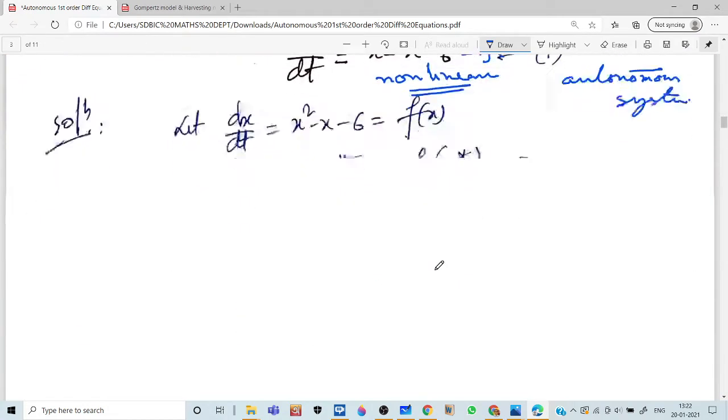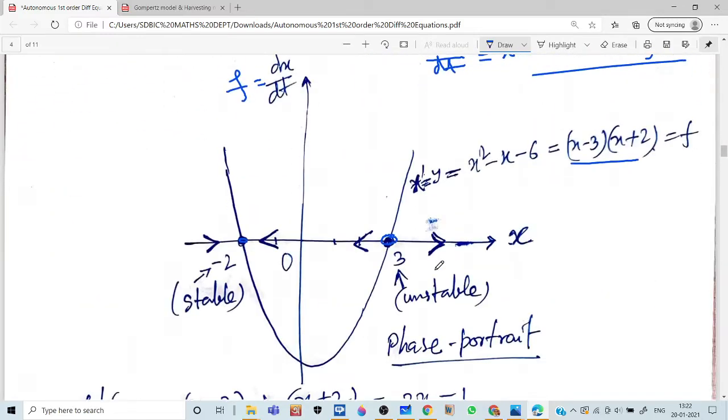Here near the point -2, f(x) is on this line. This is positive, along the positive axis, this is positive.